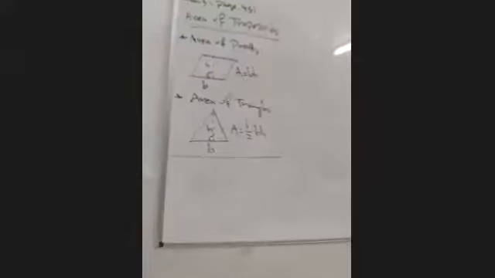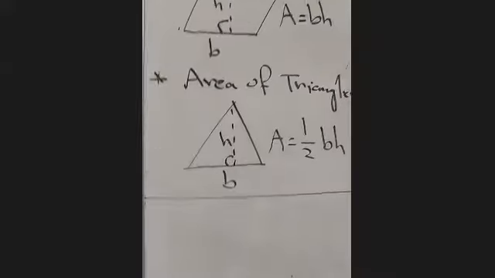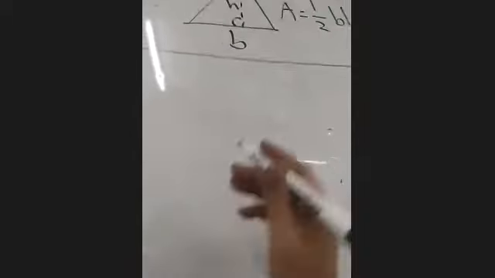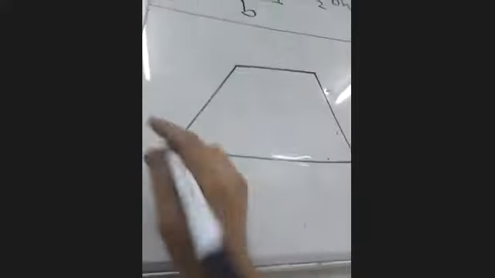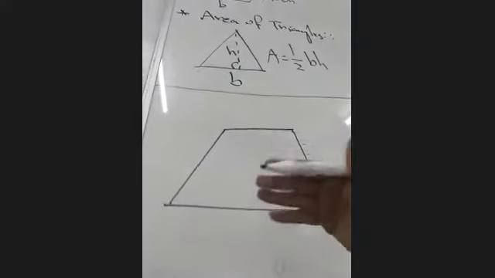Now we will take area of trapezoid. First, what's the trapezoid, by the way? The trapezoid is something like this, and let's talk about it. The trapezoid is a quadrilateral. Quadrilateral means it has 4 sides, something like this. And look here to distinguish between the trapezoid and the parallelogram.